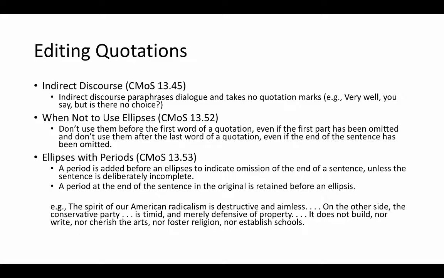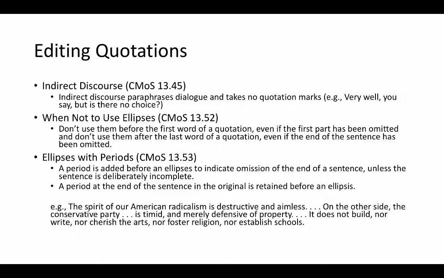A period is added before an ellipsis to indicate omission of the end of a sentence, unless it's deliberately incomplete. The spirit of our American radicalism is destructive and aimless, period, ellipsis. On the other side, the Conservative Party is timid. So here, there is an omission, but the point rather is that this is not the end of a sentence. The Conservative Party.